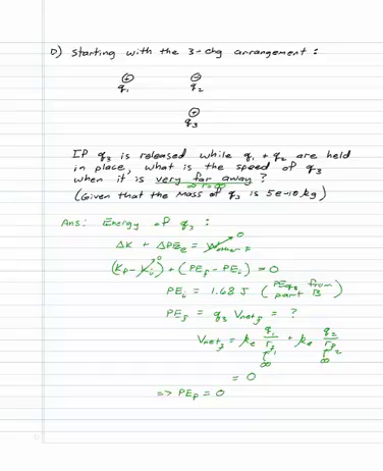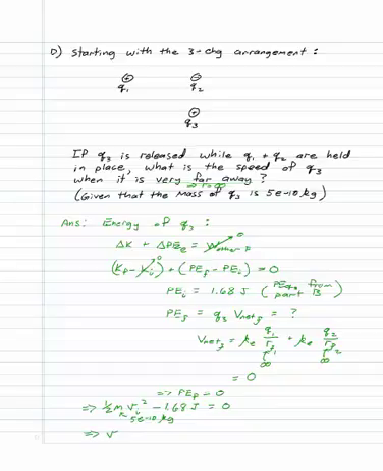So what are we left with in our energy equation? We have kinetic energy, 1/2 mv squared, minus the initial potential energy, so negative 1.68 joules, and that equals 0. We were given the mass, 5 times 10 to the minus 10 kilograms.